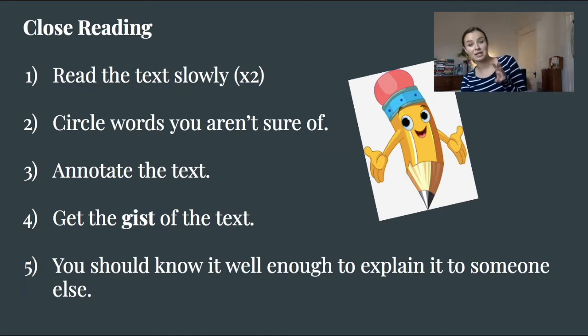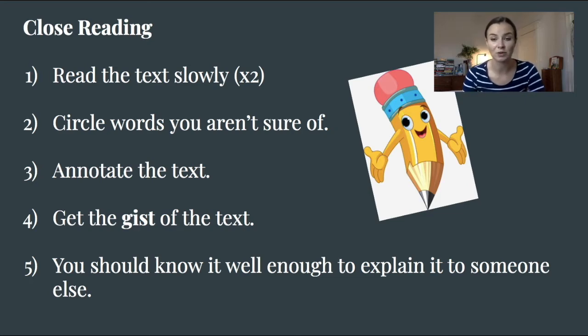Number 3, annotate the text. Annotate is a word I use a lot. I'm not sure if you're familiar with it, but it basically means draw all over your paper. Underline, star, circle, arrow, all these things are really important to pick out details. Number 4, get the gist of the text. Gist means main idea.